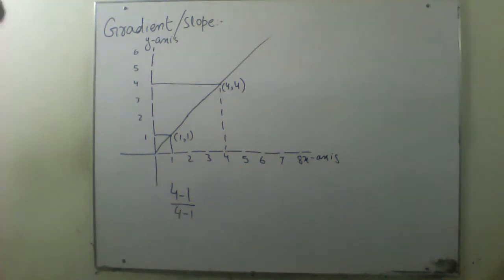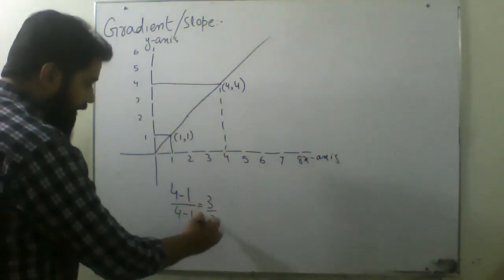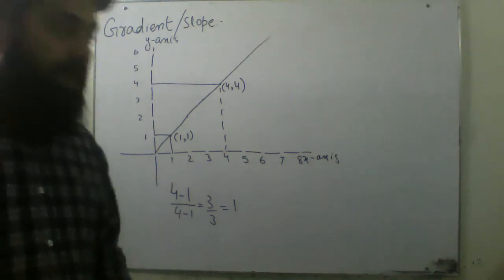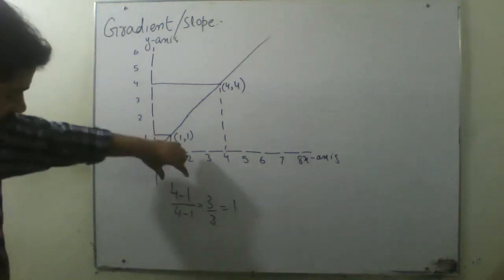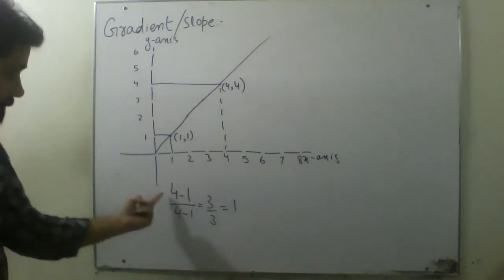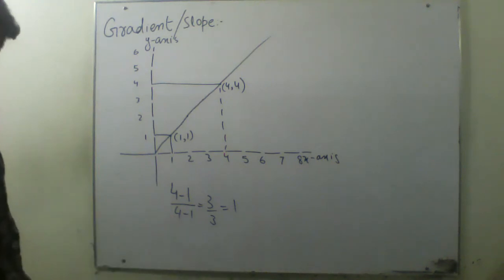When I simplify it, this comes to 3 upon 3, which means 1. So what I have done here is taken the difference between y values, and here the difference between x values.